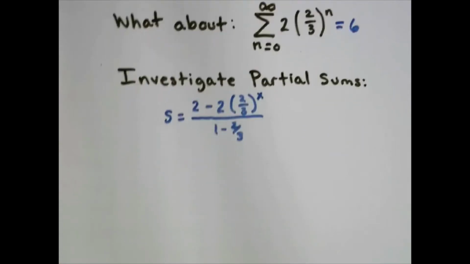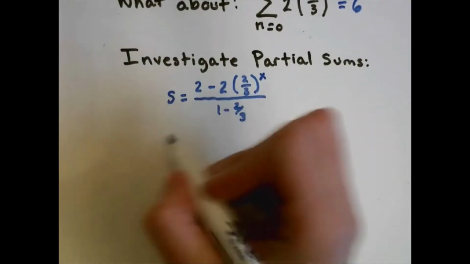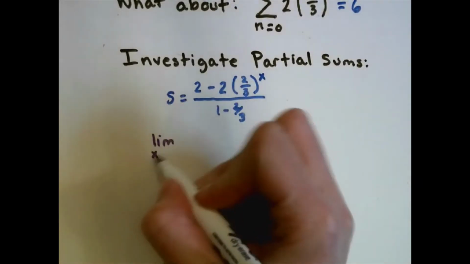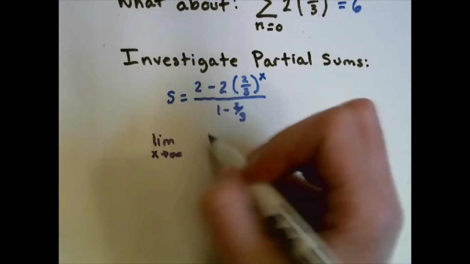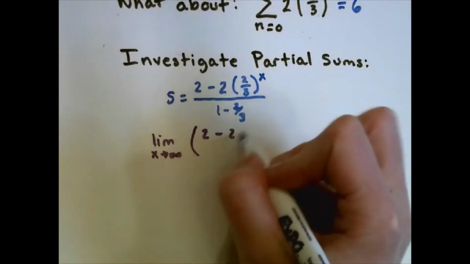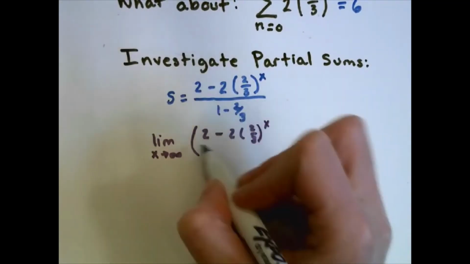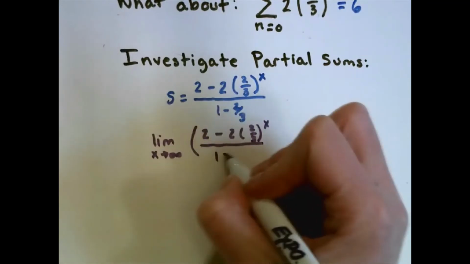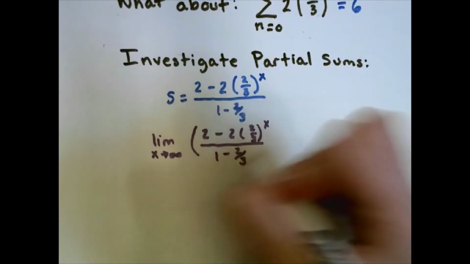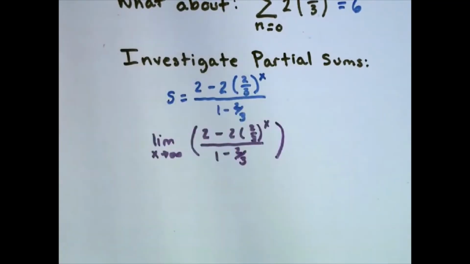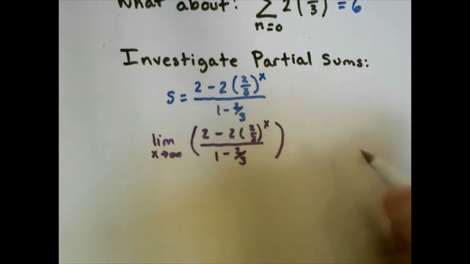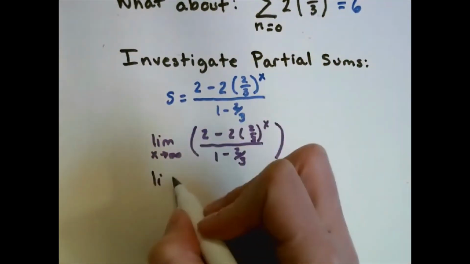So I'm going to take this formula, and I'm going to look at the limit as x goes to infinity of 2 minus 2 times 2/3 to the x over 1 minus 2/3. I'm going to start by factoring out the 2.